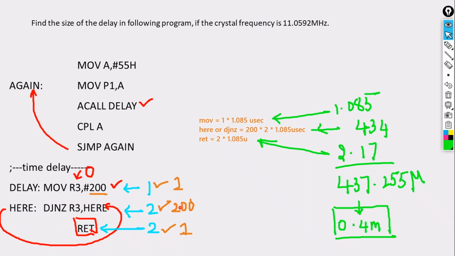So 2 into 200 into 1.085 micro, which gives somewhere around 434, and this is 1.085 micro, and this is 2.17 micro. If we add up all these things, I'll be getting 437.255 microseconds. If we convert that to milli, I'll be getting 0.4 millisecond.